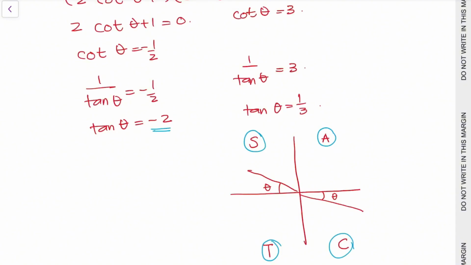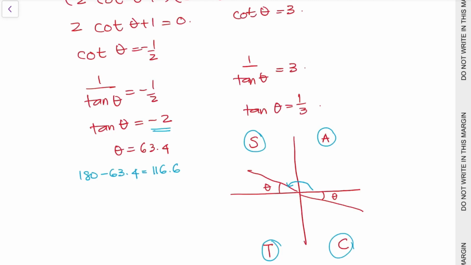If you use your calculator, you will figure that theta is 63.4 in degrees. So if my theta is located in the second and fourth quadrant, the angle that will be covered is going to be this one, which is going to be 180 minus 63.4. Okay, so you should get 116.6.